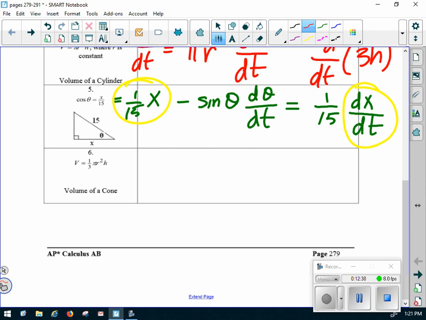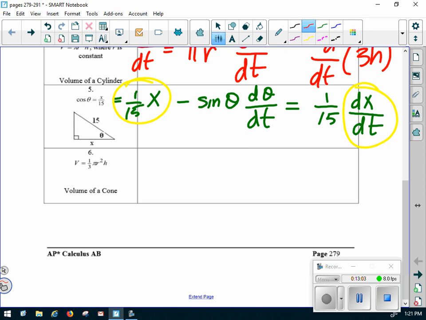The d theta dt is the rate of change of theta with respect to t. Whenever you deal with a theta, that's going to be measured in radians. So your units will be radians per second or radians per minute. We will never use degrees in here, ever.